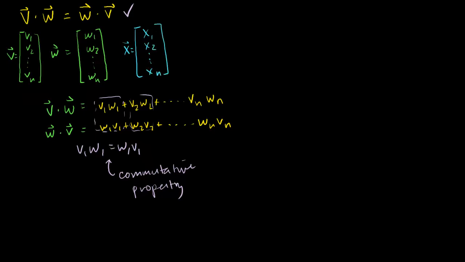Now, if the dot product deals with the distributive property the way I would expect it to, then if I were to add v plus w and then multiply that by x, and first of all, it shouldn't matter what order I do that with, I could do x dot this thing, because I just showed you it's commutative. But if the distribution works, then this should be the same thing as v dot x plus w dot x. If these were just numbers, and this was just regular multiplication, you would multiply it by either of the terms. And that's what I'm showing here.